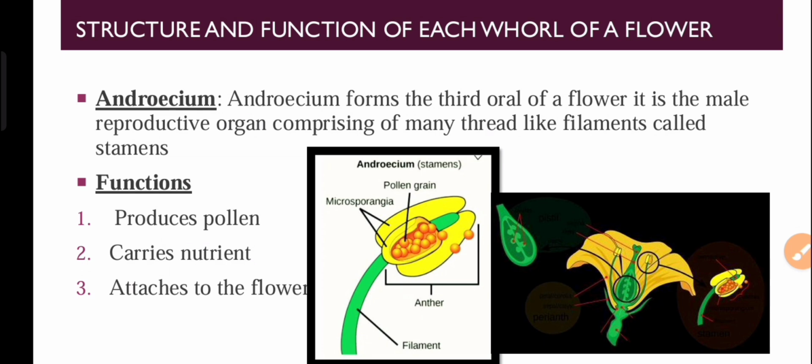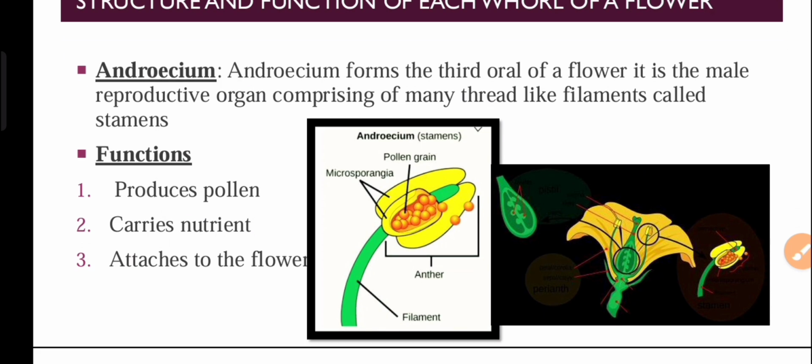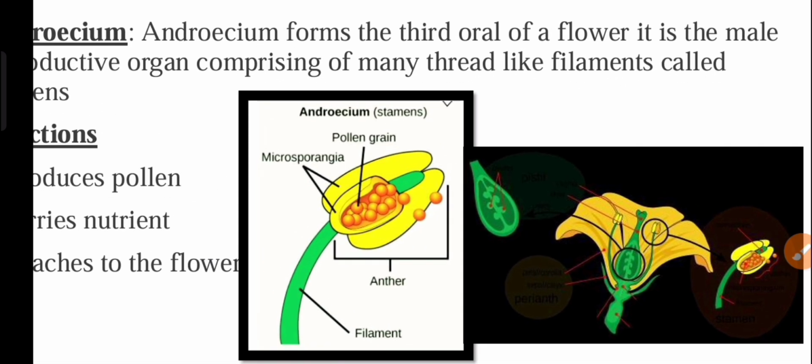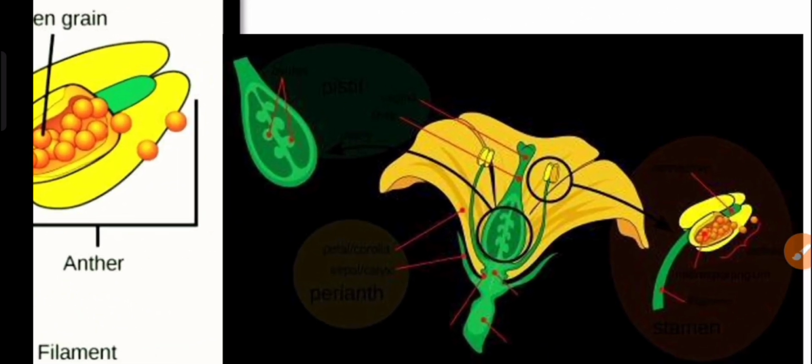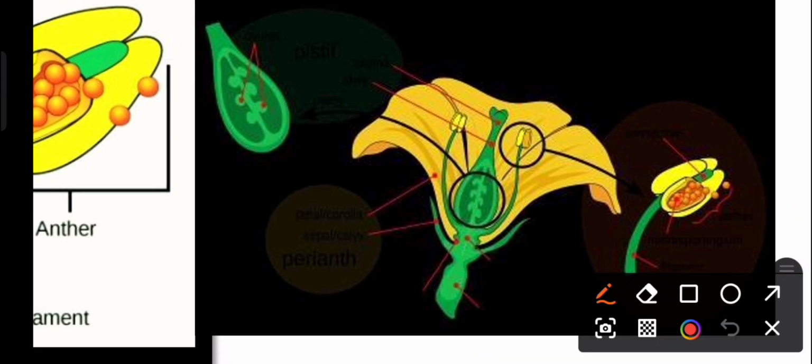And then the next whorl is the androecium. The androecium is the third whorl of the flower, and it is the male reproductive organ. Androecium is made up of stamens. See here, the thread-like structures are the filaments. They hold the anther.